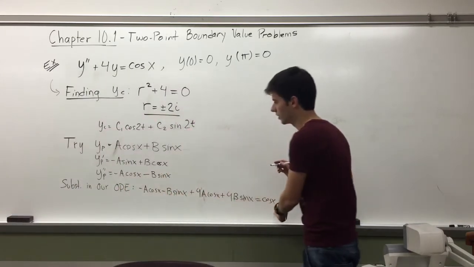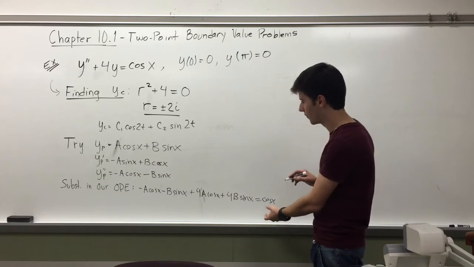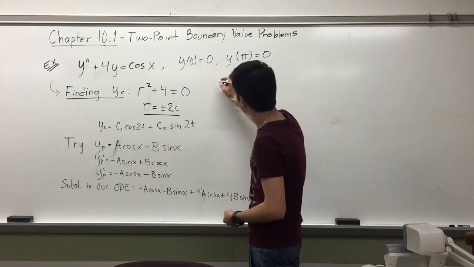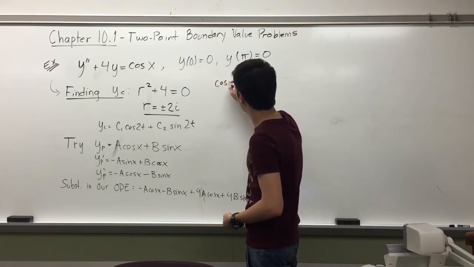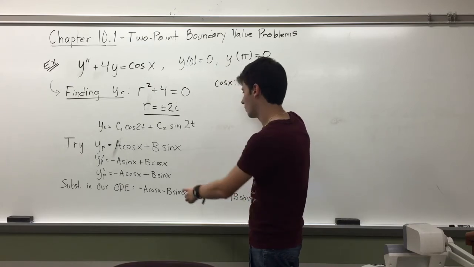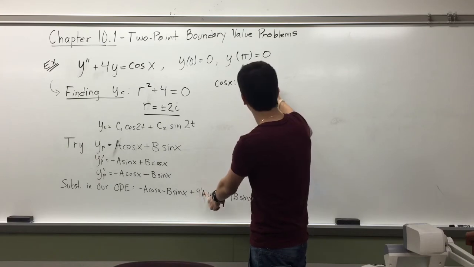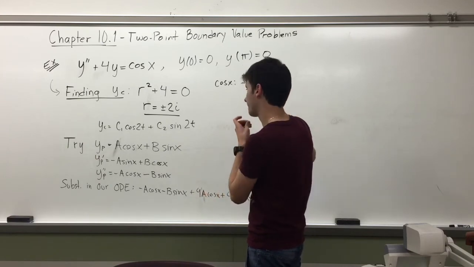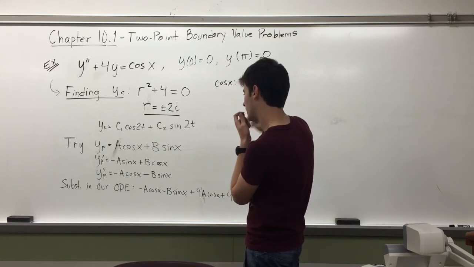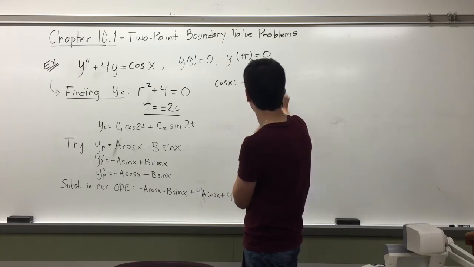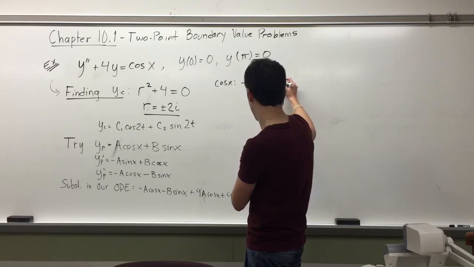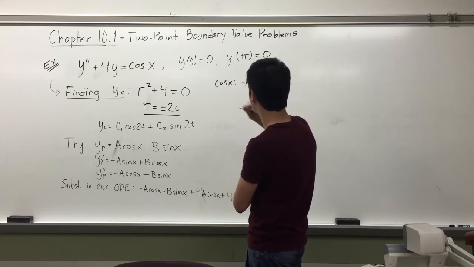We have this expression here, we're just going to equate our coefficients. Our cosine of x terms, we have negative a plus 4a, that is equal to 1. Is that correct? I think so.